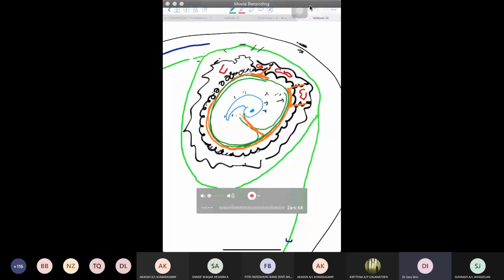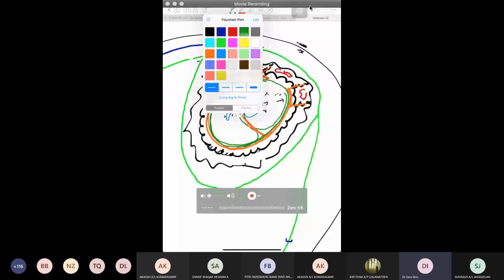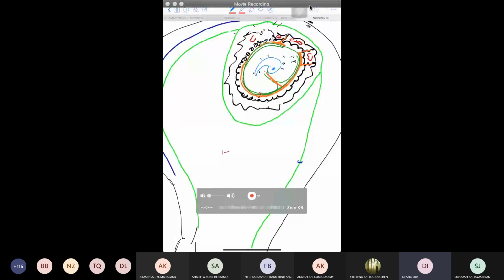Okay, so all these 3 layers will eventually fuse. Layer number 1 will be the amniotic sac. Number 2 would be the inner extra-embryonic mesoderm, and number 3 would be the outer extra-embryonic mesoderm.